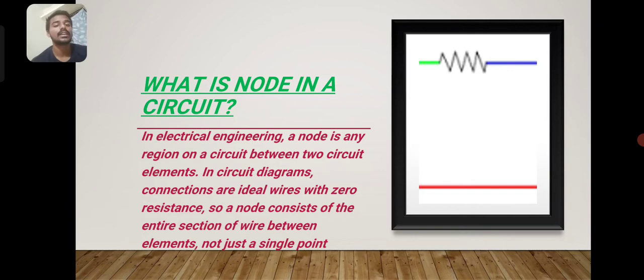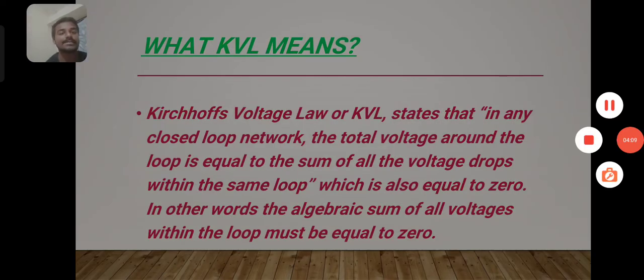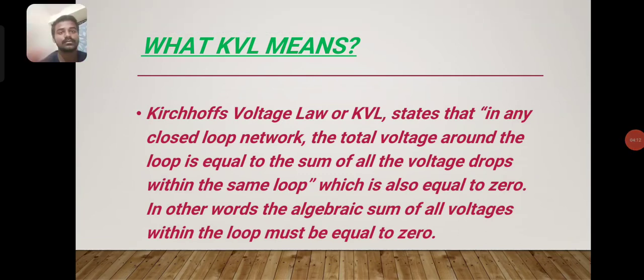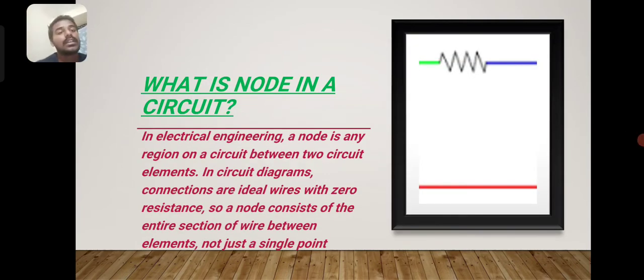In circuit diagrams, connections are ideal wires with zero resistance, so a node consists of entire sections of wire between elements, not just a single point.